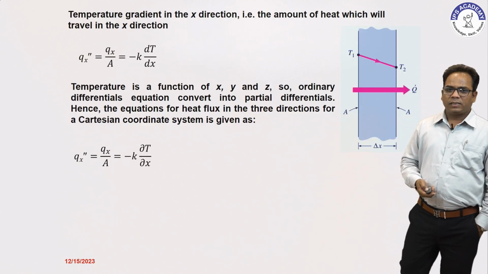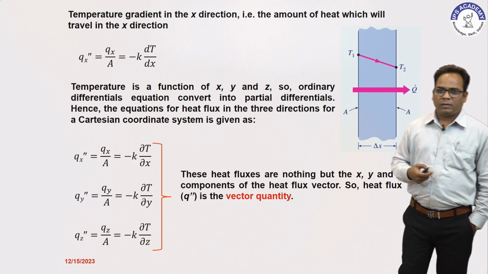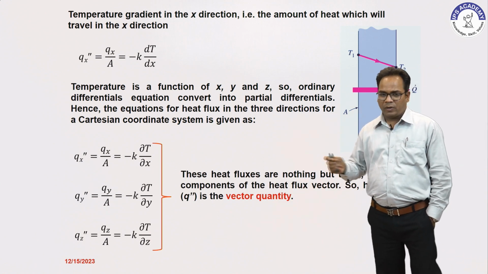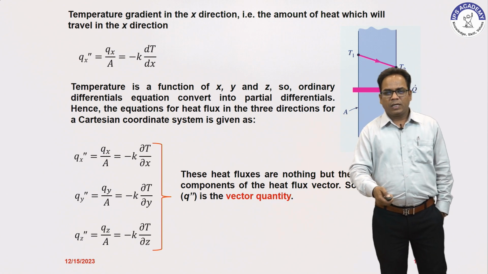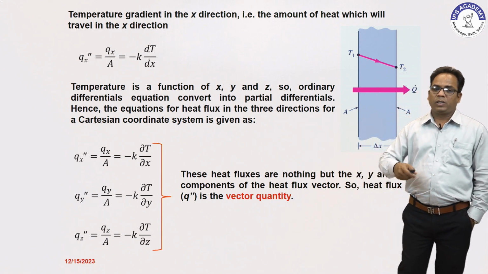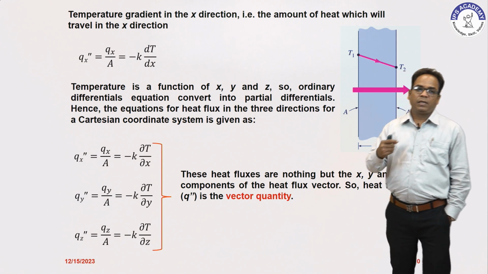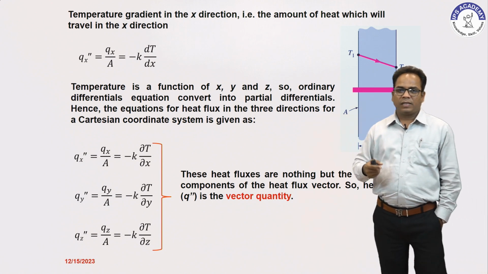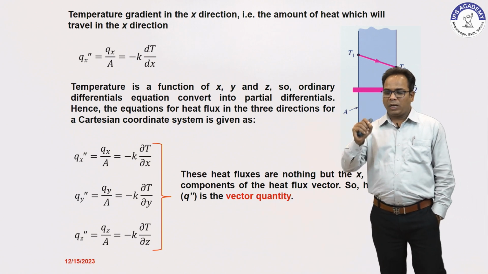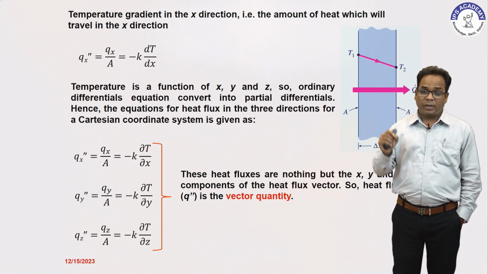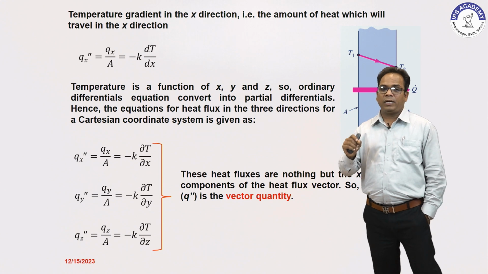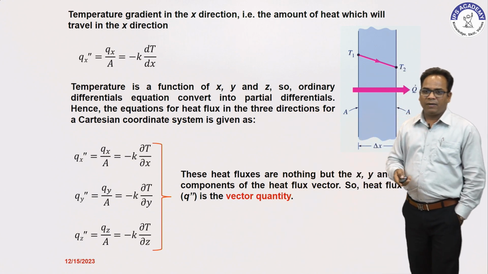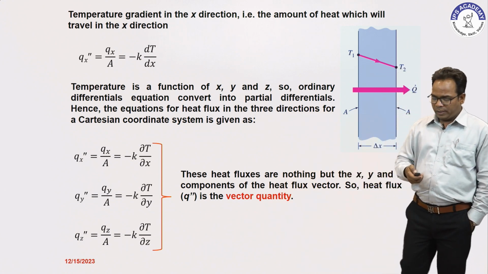As I said, the temperature difference is the main cause of heat transfer, and this is the conductive heat transfer equation, where Qx double prime is the heat flux, which is the total amount of heat flow in the x direction per unit area, equal to minus K delta T upon delta x. This heat flux is a vector quantity.